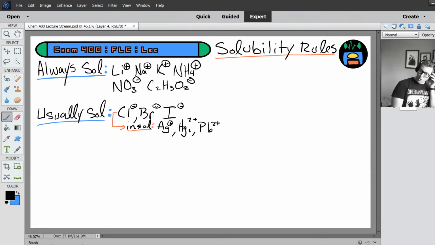So chloride, bromide, iodide are soluble with anything except silver 1, Mercury 1, and lead 2.